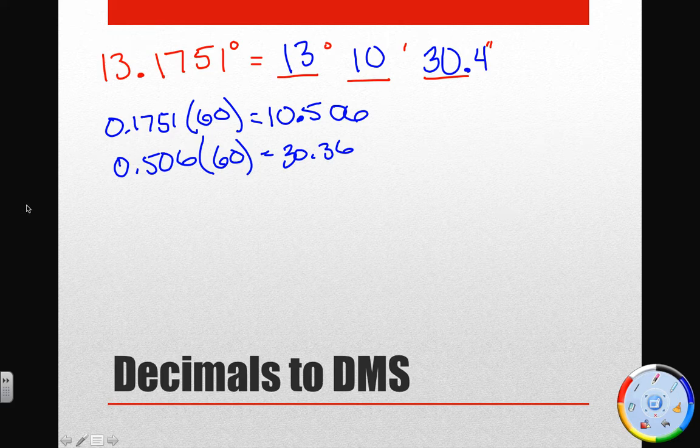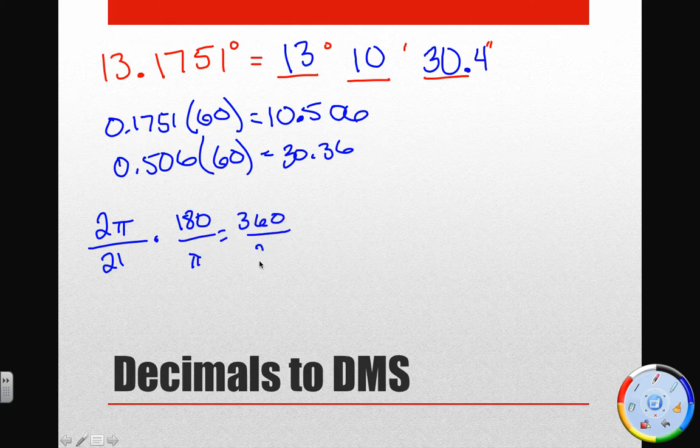Okay, so now I get back to what I was going to say about the radian measure. If I said 2 pi over 21, I have to change it to degrees, so I have to multiply by 180 over pi. So I get 360 over 21.